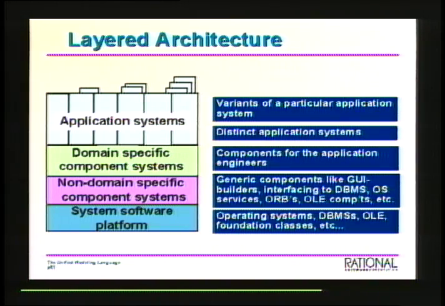A large organization, for instance a banking system or a system in telecommunication, should typically be designed in this way. One layer here contains the domain-specific components, which are classes, packages, frameworks, and patterns that are reusable over many different applications in the same domain. And on top of them, we have a different application system.